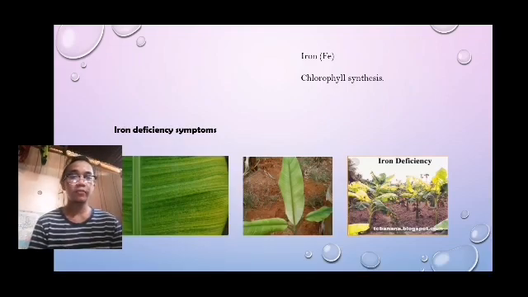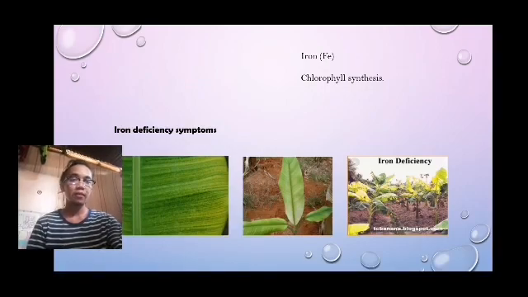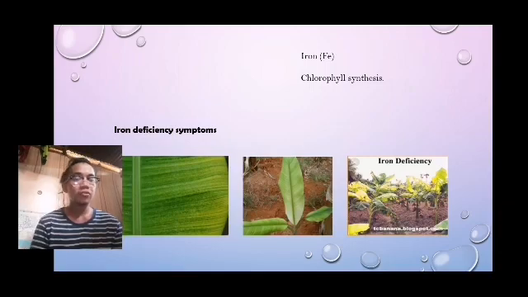The symptoms occur in calcareous soils with a higher water table, and soils with high manganese. So you can see it in the soil like in this second sample picture, and in the third one you can see the effect of iron deficiency.